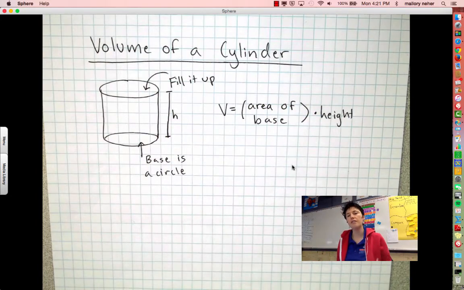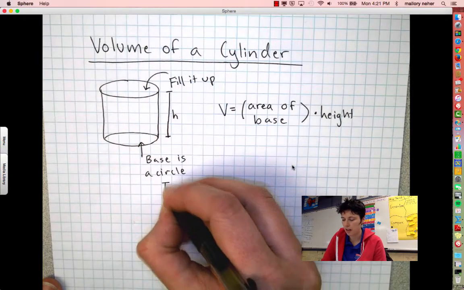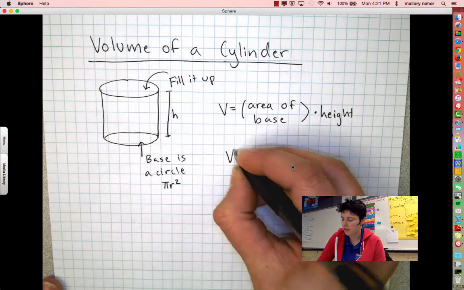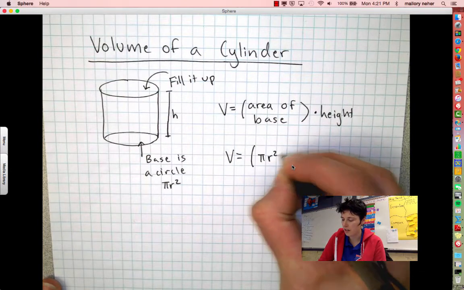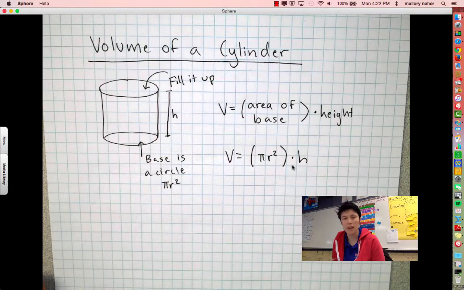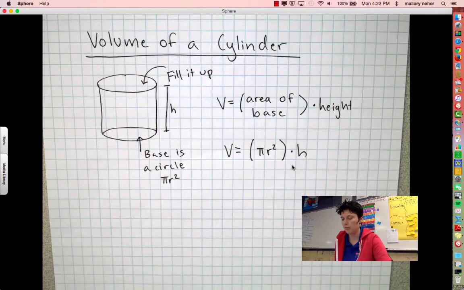And since we know how to find the area of the base because it's a circle, we know area of the circle is pi r squared. Our volume formula, therefore, is area of the base, pi r squared, times the height. We just memorize that formula, pi r squared times height, and then we apply it to finding our volume calculation.